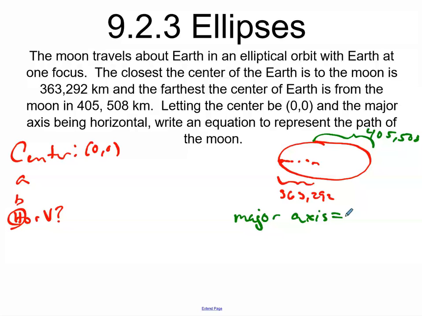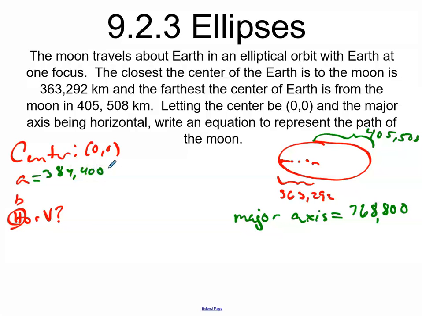So the major axis is 768,800. If you remember from writing our equations, if we know the length of the major axis, we can cut that in half, and that tells us that our a is 384,400. All right, now we need to find our b.